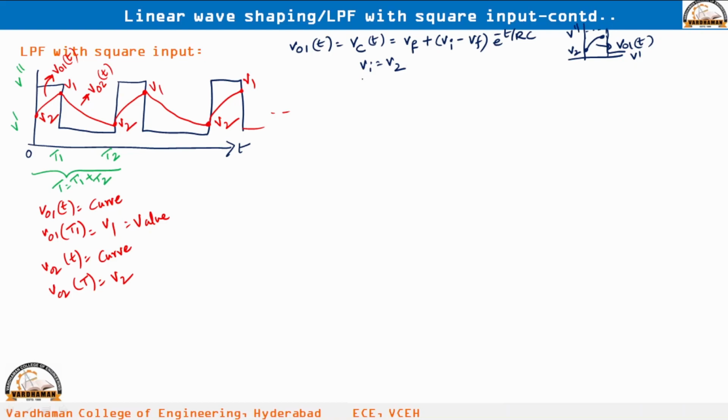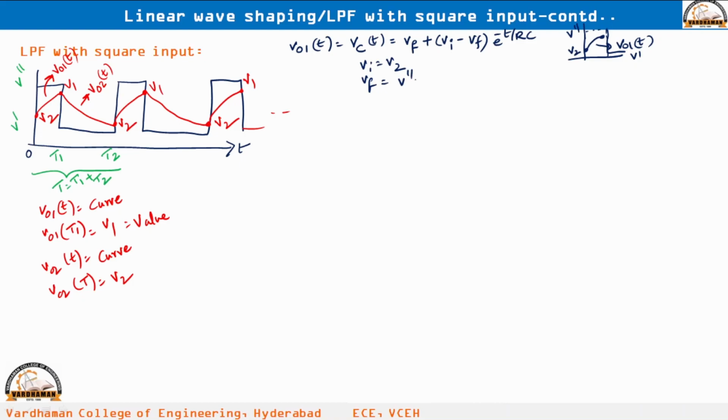What about V final? You should not think that V final is V1. What is the meaning of V final? If you maintain the same constant input, the capacitor can charge up to that voltage. That means there is a chance for the capacitor to charge up to V double dash, that is the final value.